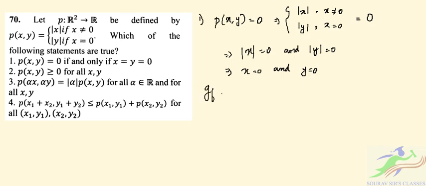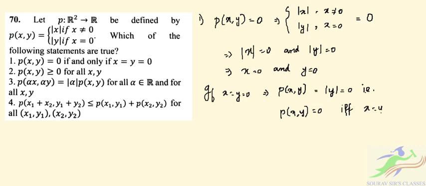If x = y = 0, then P(x,y) is |y| = 0. So P(x,y) is equal to 0 if and only if x = y = 0. So option 1 is correct, it is true.